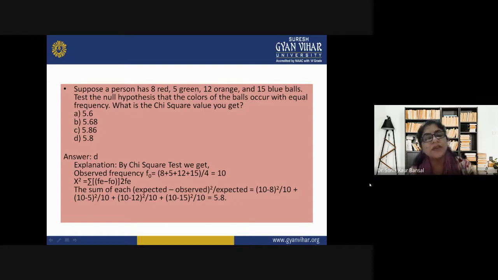So the sum of each observed minus expected squared upon expected. So that is (10 minus 8) squared upon 10, plus (10 minus 5) squared upon 10, plus (10 minus 12) squared upon 10, plus (10 minus 15) squared upon 10. So the total value which we have got out of this formula is 5.8.